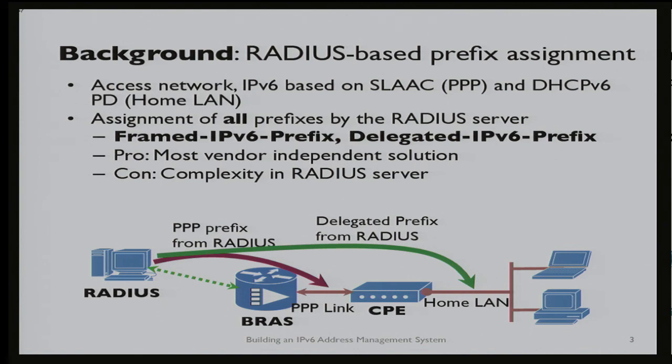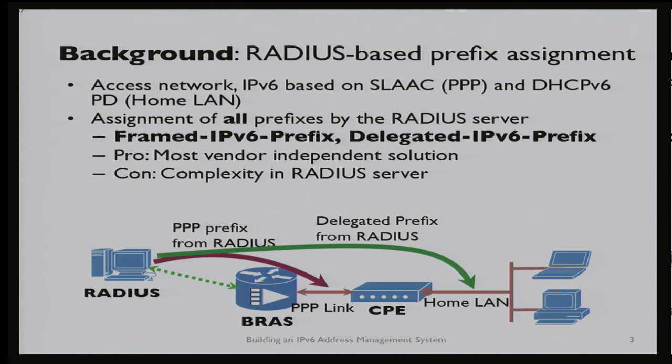The IPv6 prefix that goes to the point-to-point link comes from the RADIUS via the Framed-IPv6-Prefix RADIUS attribute, an IETF RADIUS attribute. Then the home LAN is enumerated with a prefix that comes from the Delegated-IPv6-Prefix RADIUS AV pair. So basically, in this setup, you can see that there are no local pools on the aggregator.